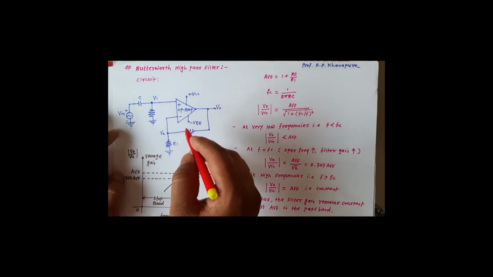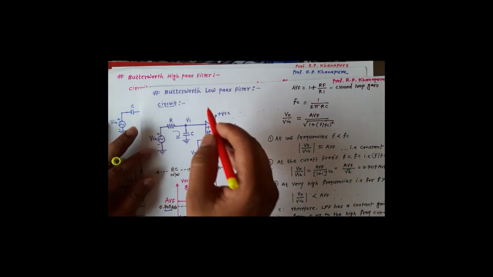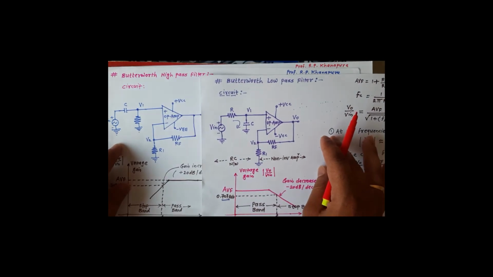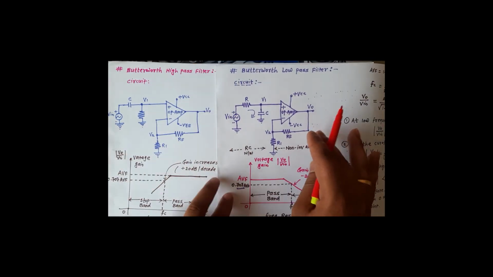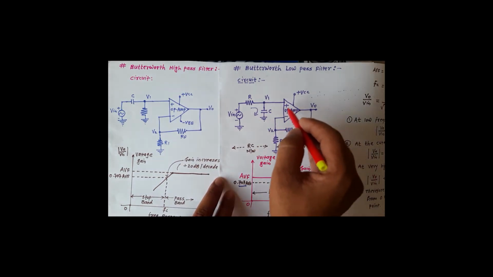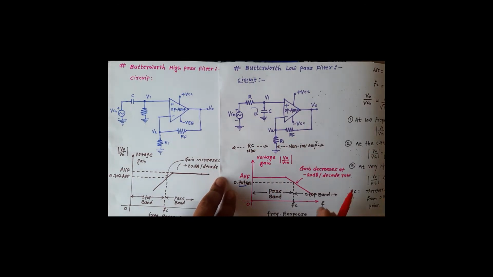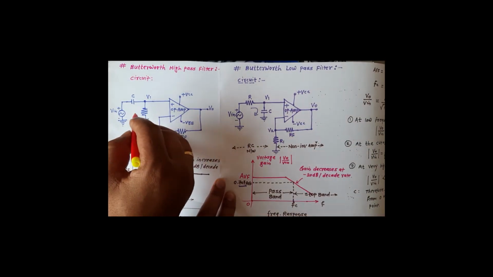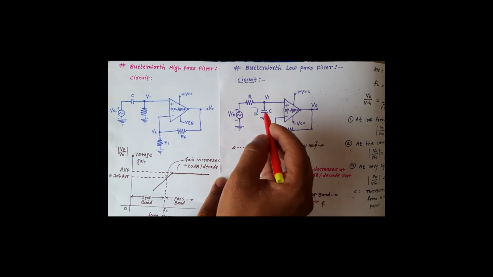So how is this circuit diagram constructed, right? If you observe carefully, in the last video we have discussed this low pass filter. If you compare the circuit diagram for both, this is your RC network, and this operational amplifier works in a non-inverting mode, right? Observe carefully.